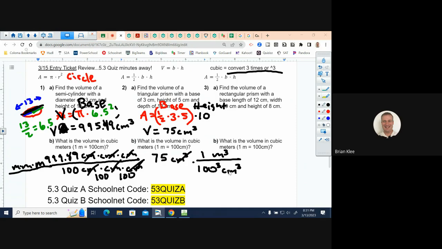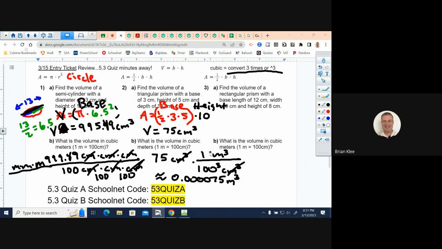Our cubic centimeters cancel. So I'm doing 75, two options: 75 divided by 100 raised to the third power, which is 1,000,000. Or you can go 75 divided by 100 divided by 100 divided by 100. Or you can just do 75 divided by 1,000,000. Either way, we end up with an answer of 0.0000075 cubic meters.